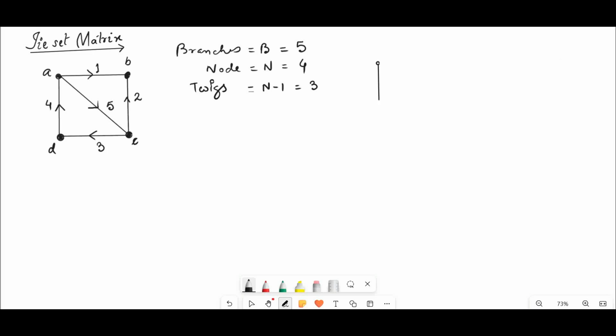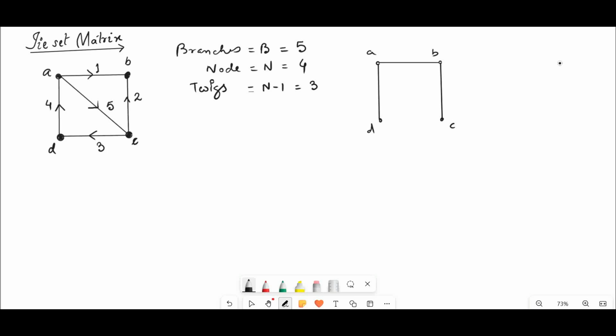If we draw a tree out of the graph, it could be this. This is one of the trees, where all the nodes are connected and there is no closed loop.